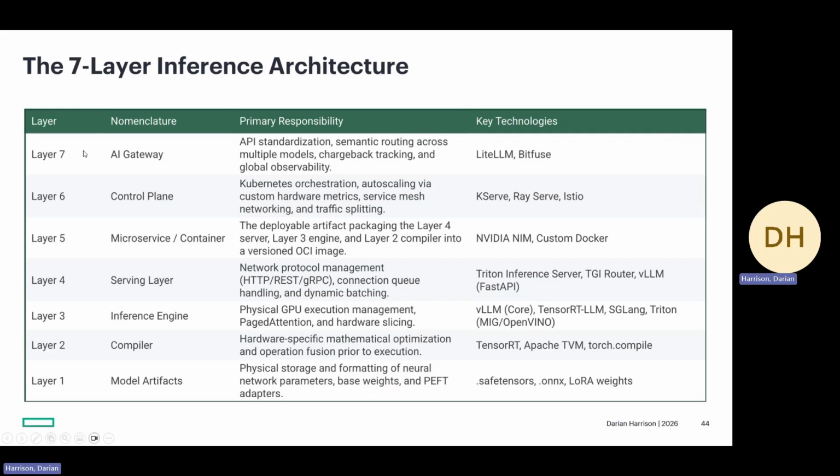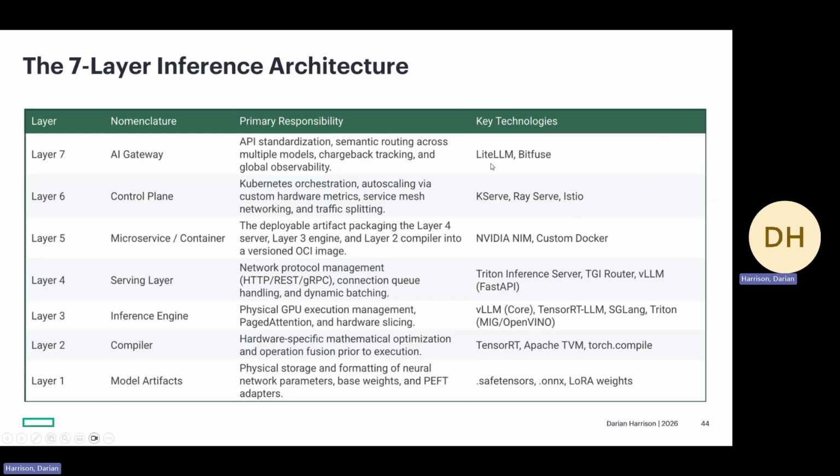And higher up is the AI gateway, which is going to be a proxy layer. Every request coming in, we might not only be serving one model, we might be serving a bunch of different models, so we want that observability layer, the AI gateway. KServe or Ray Serve may be orchestrating all of these models.